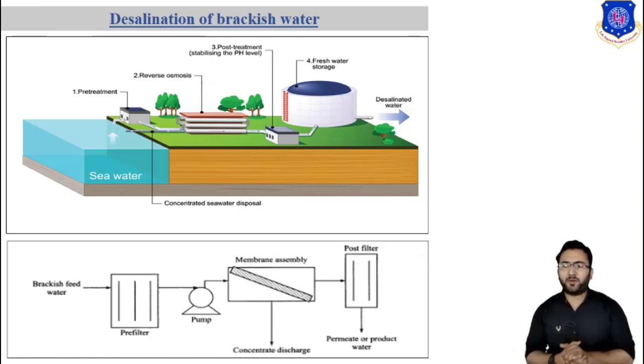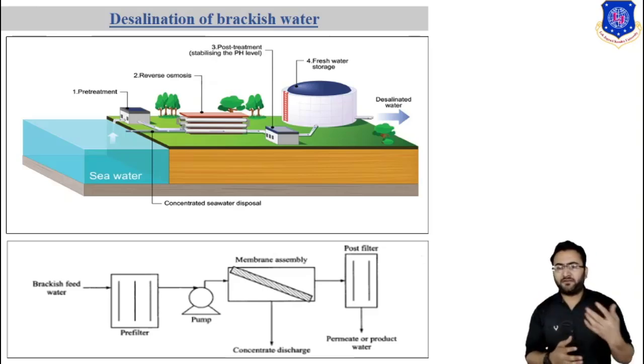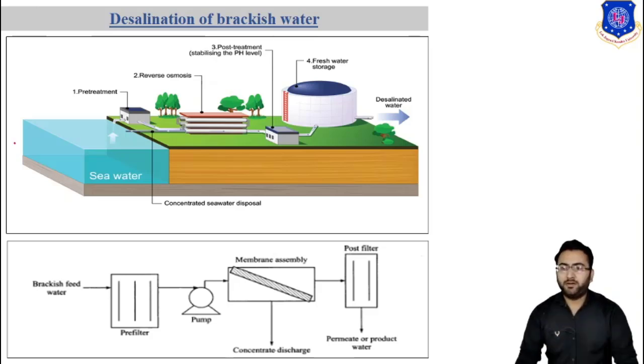Reverse osmosis membranes are made in various configurations, with the two most common being spiral wound and hollow fiber. So in this desalination treatment, first pre-treatment is used, then the reverse osmosis membrane is used for the separation process, and post-treatment is used to stabilize the pH level, and we get the desalinated pure water.